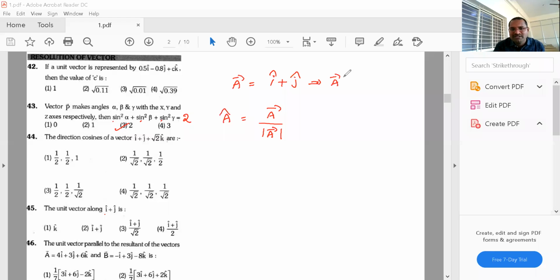Root of 1 square plus 1 square, which is root 2. So the unit vector is i cap plus j cap divided by root 2. Clear? Option 3 is the right answer.